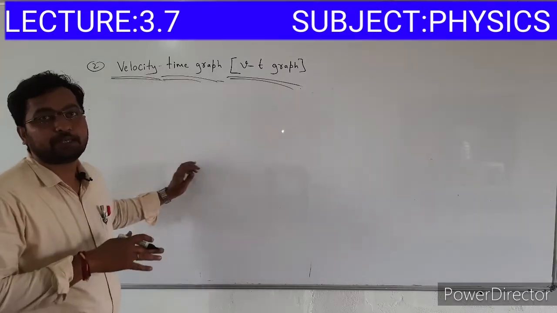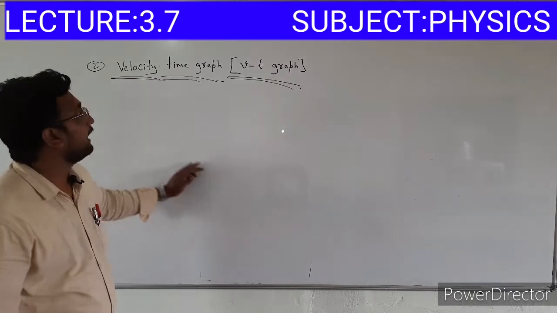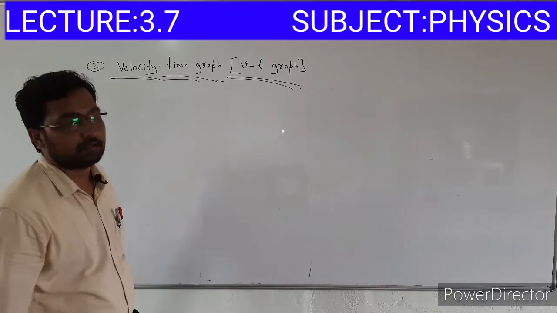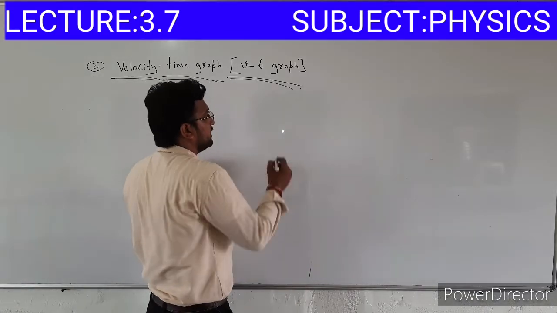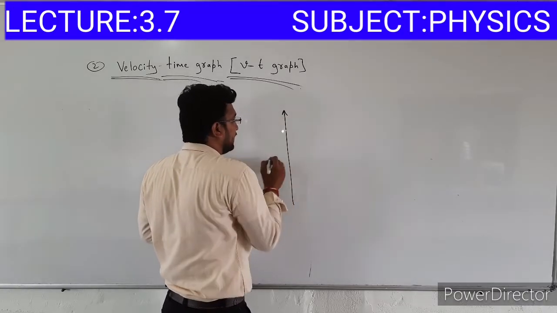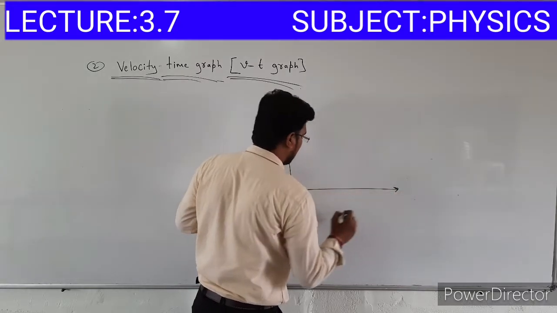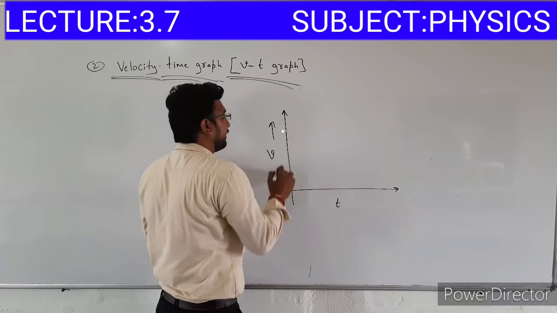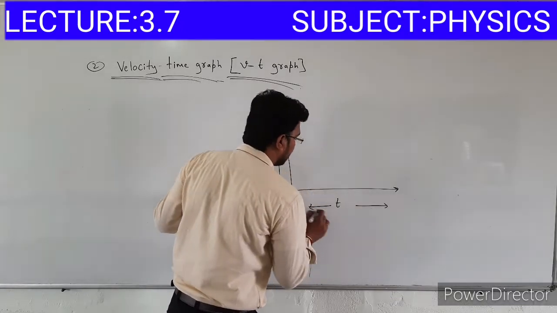The previous one, the position time graph, is also known as the XT graph, and the velocity time graph is also known as the VT graph. See here, the velocity of an object is taken along the y-axis and the time is taken along the x-axis. So this is known as the VT graph, or velocity time graph.